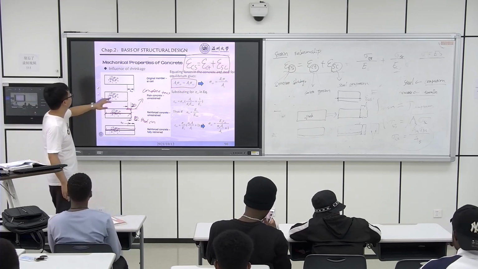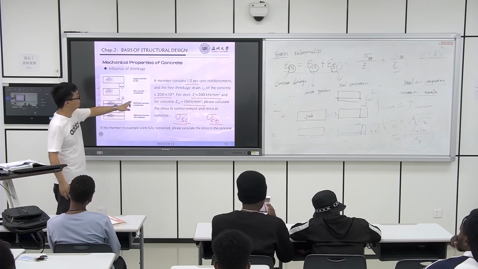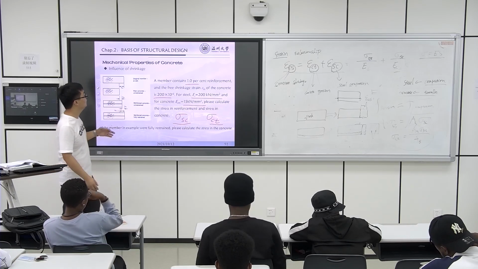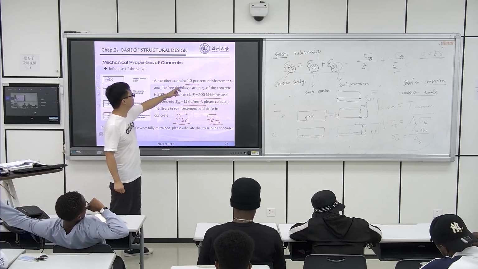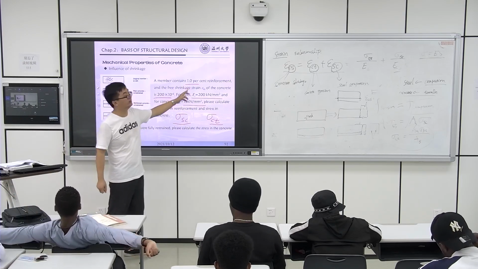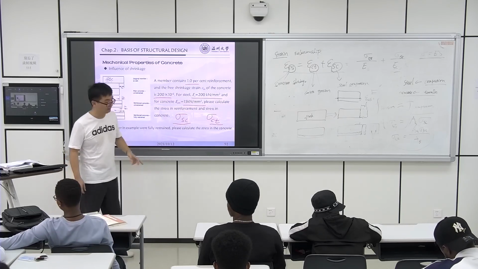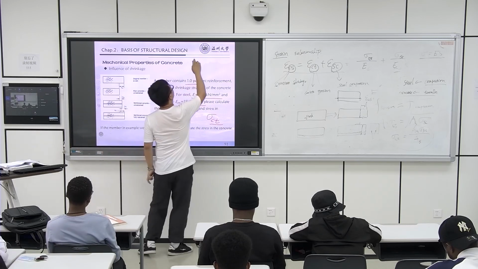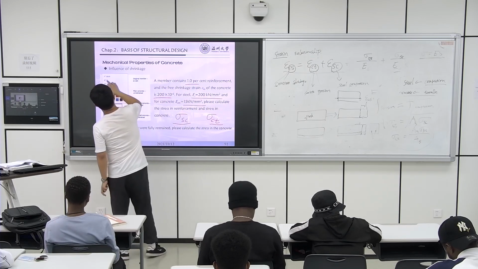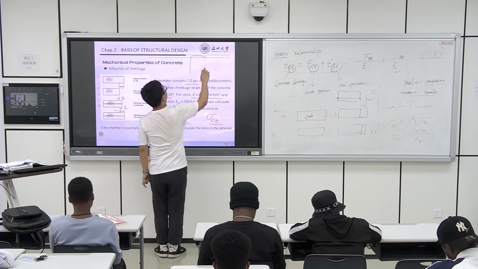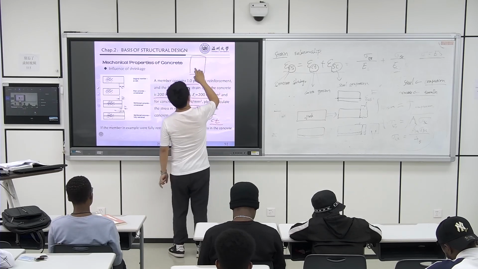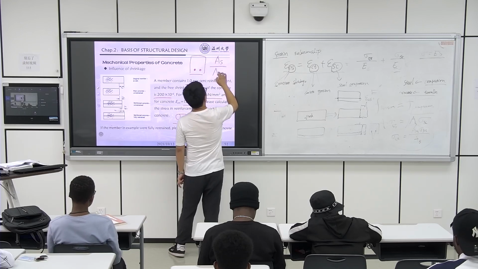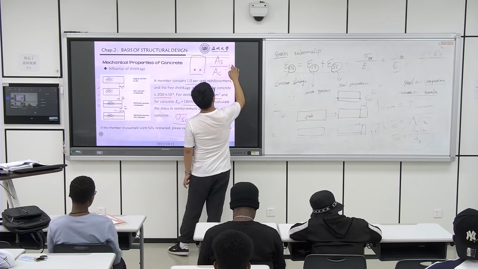Also, I can explain something. The 1% means the area of the steel bars divided by the area of the concrete is 1%, right?